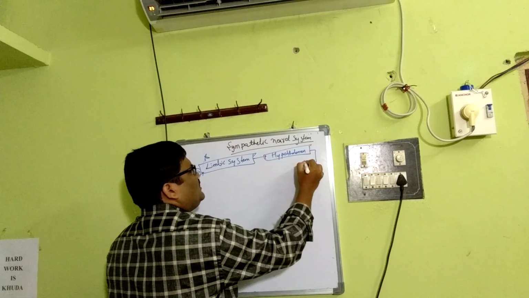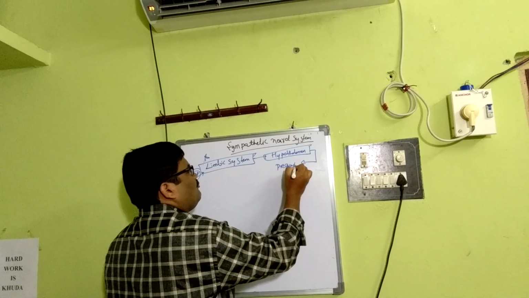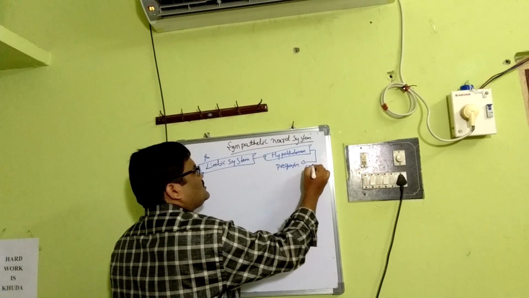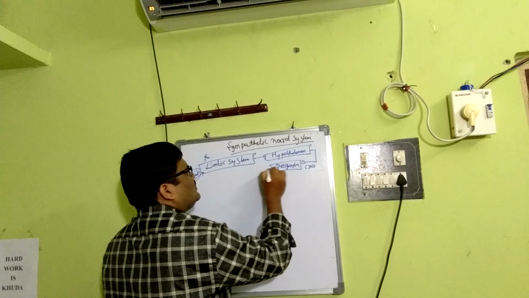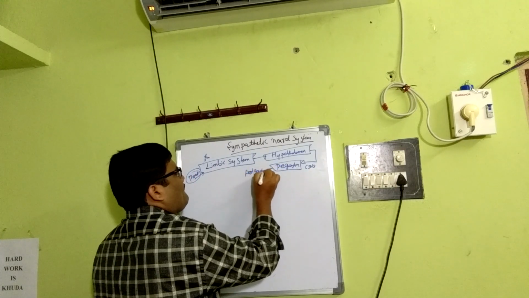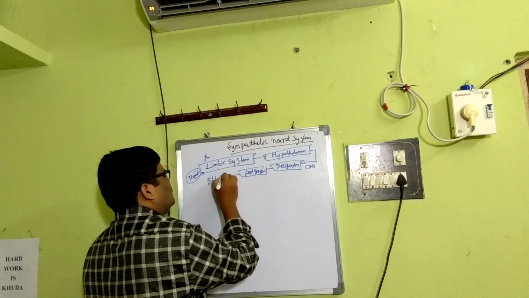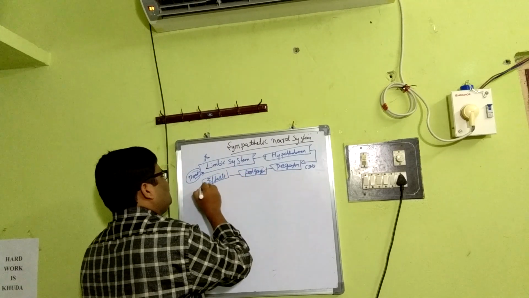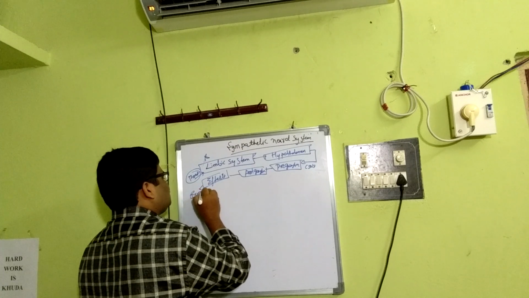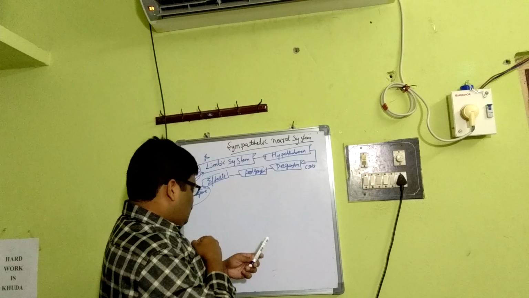Then it will stimulate the preganglion of sympathetic neural system. Then the postganglion, then ultimately the effector. That means simply what we call response. For understanding, we'll be drawing like this.